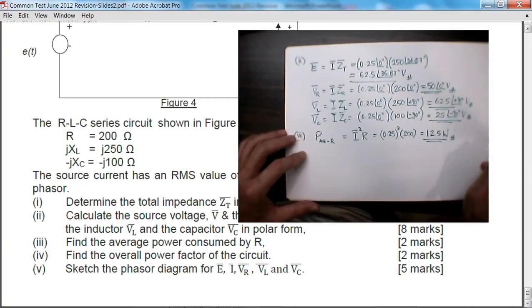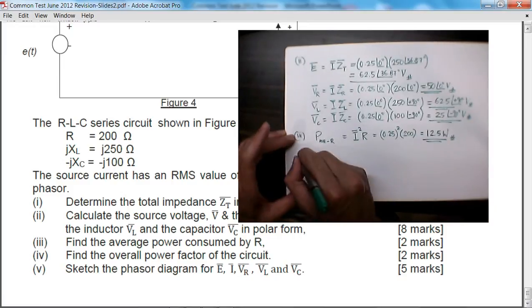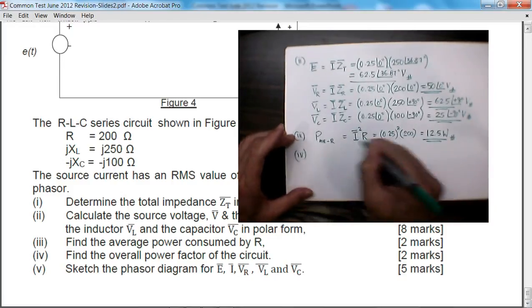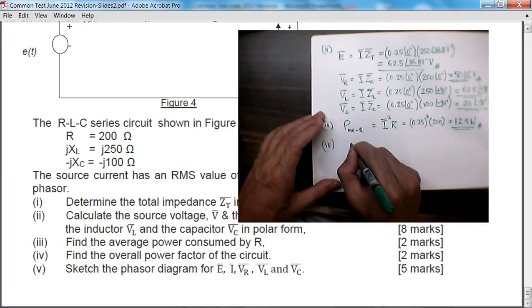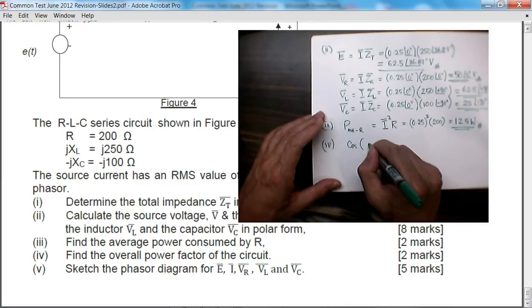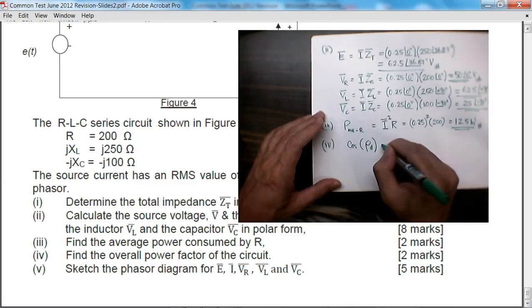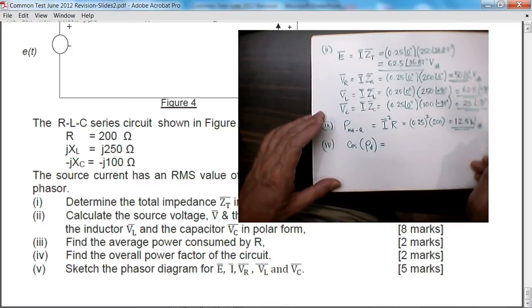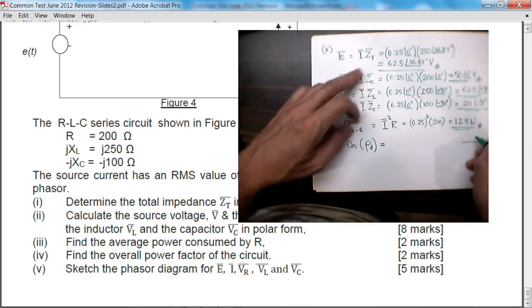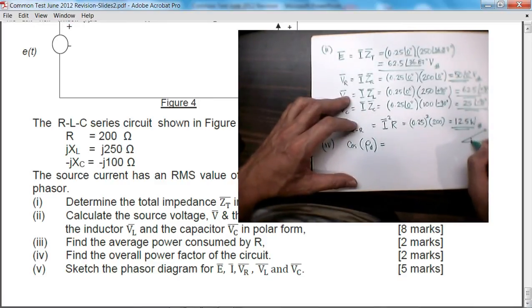Finally, find the overall power factor of the circuit. Now, the overall power factor of the circuit is the cosine of the phase difference between the supply voltage and the current. Since the current is taken as the reference, its angle is 0. The supply voltage which we calculated is at an angle of 36.87 degrees.